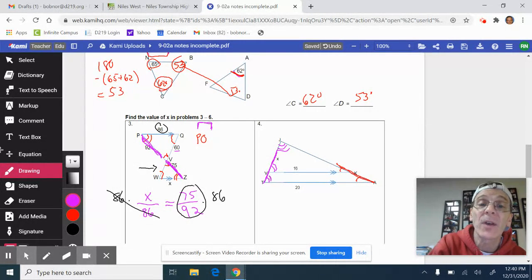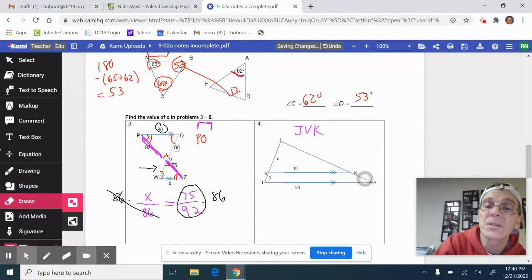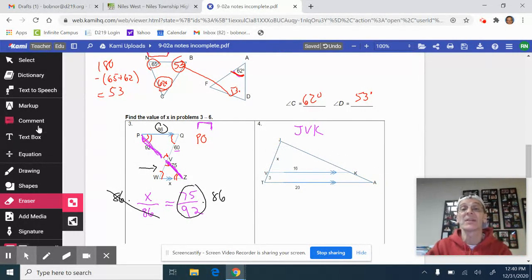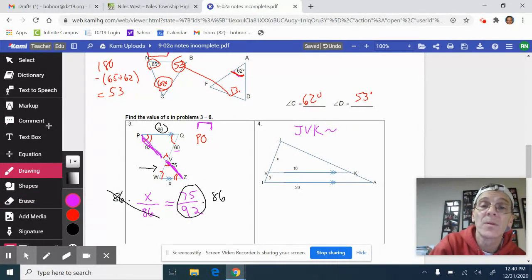Again, I'm going to name the triangles here, triangle JVK, and I'm going to erase some of that work there again so you can see the names in the letters in the diagram clearly. JVK similar to, well, let's see, that angle was congruent to itself. That one was congruent to that one.